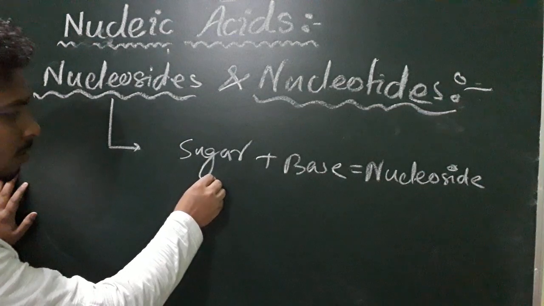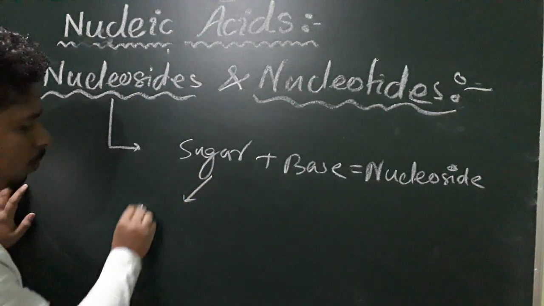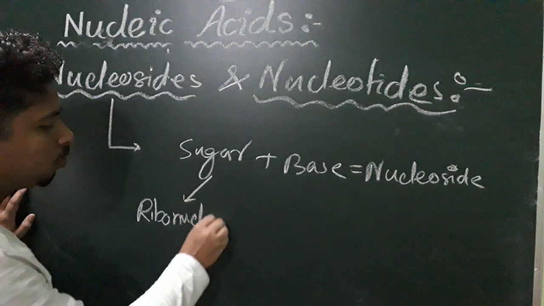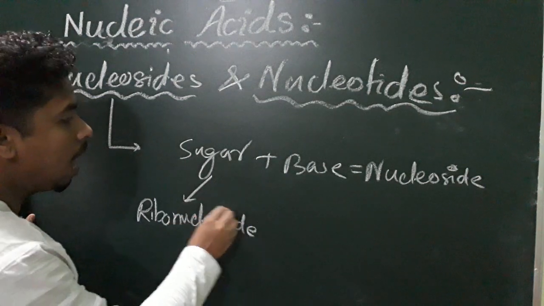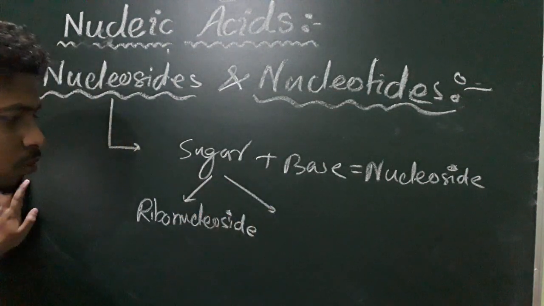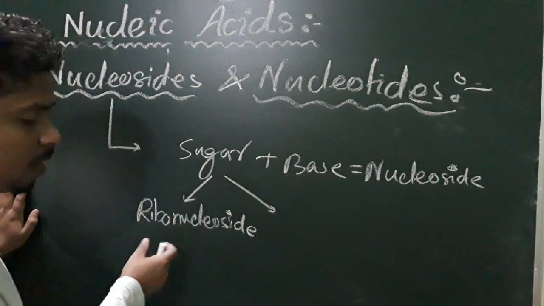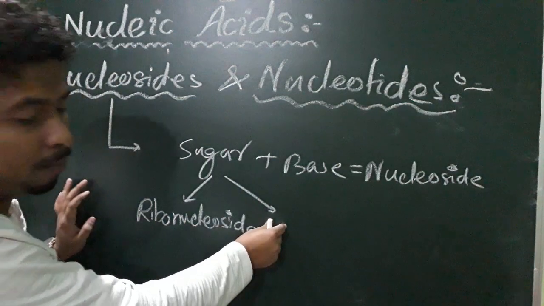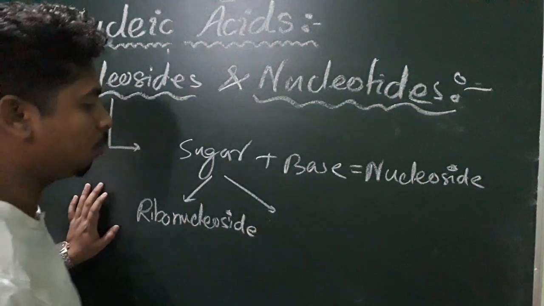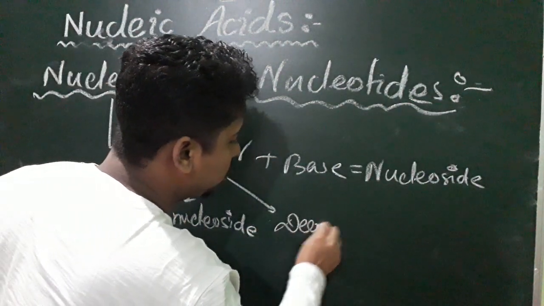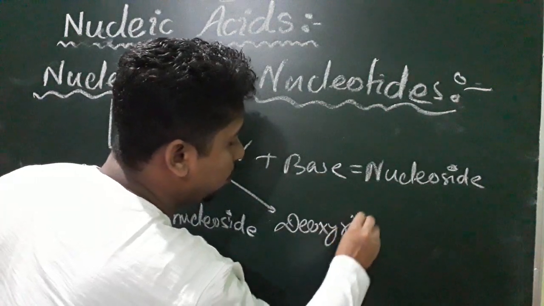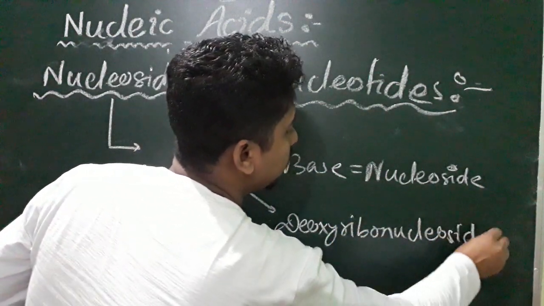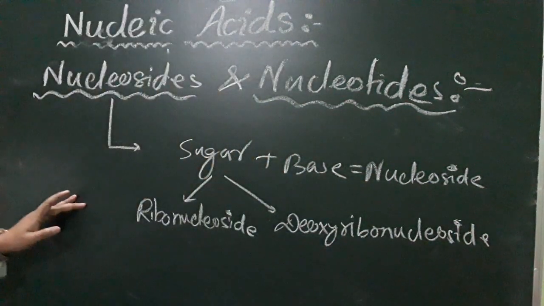Now if this sugar is ribose sugar, then it will be called a ribonucleoside, and if the sugar is deoxyribose, then it will be called a deoxyribonucleoside. So this is nucleoside.